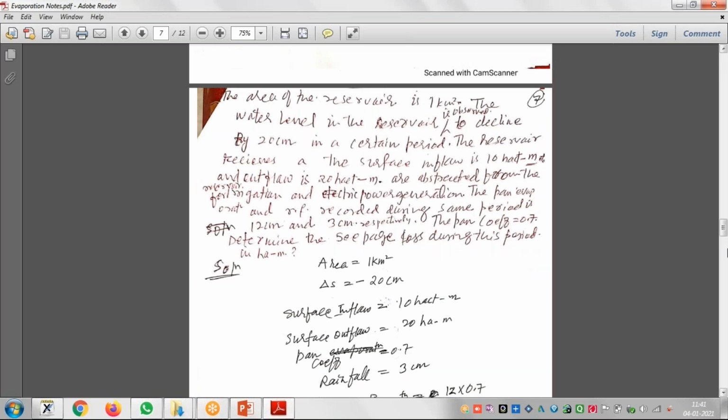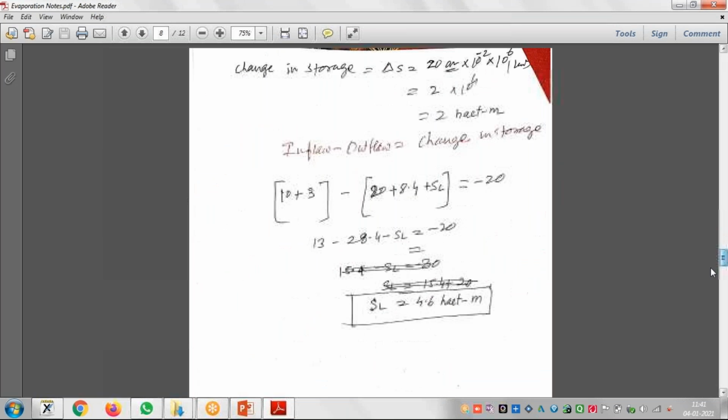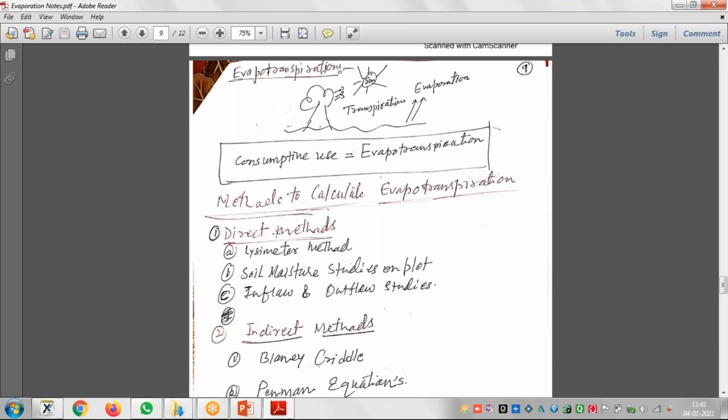Now next, there is evapotranspiration. We have already seen the definition at the start. Evapotranspiration means some quantity of water is on the tree, and due to radiation this water goes into the atmosphere, and some water in the soil is also going into the atmosphere.